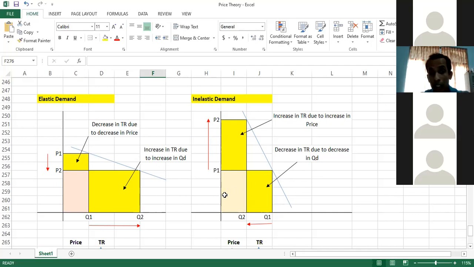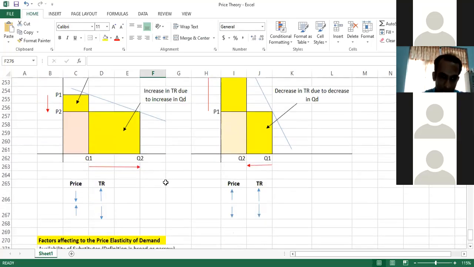That's why some people are trying to sell essential products at very high prices. Why? The product is essential. Even if the price increases, the consumers have to buy that. But when the product is luxury and the price increases, there will be a huge decrease in demand, because we can manage without that luxury product.